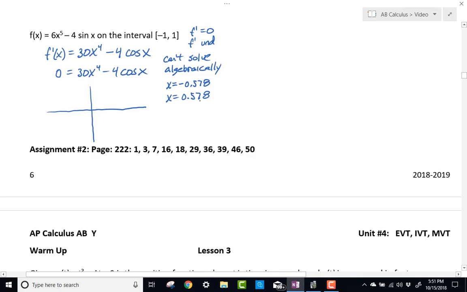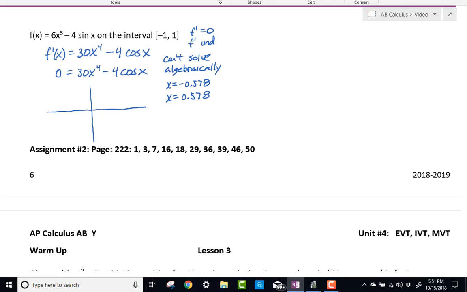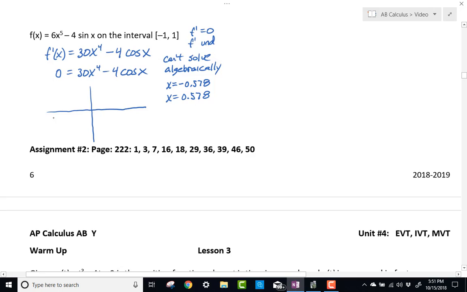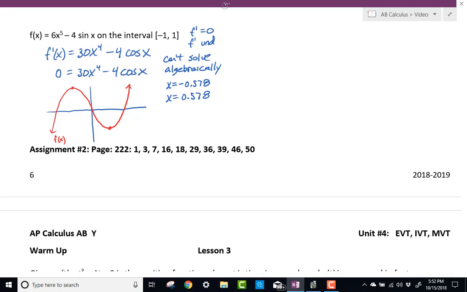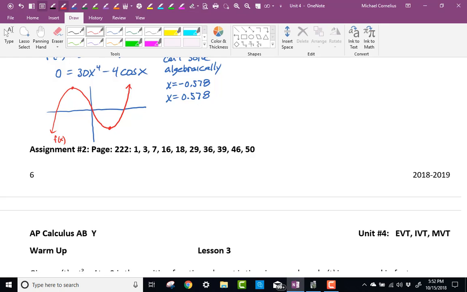Again, I hope it makes sense to you. I'm just going to do a quick little sketch here. If we were to actually sketch this function, we would have something that looks like this. There's f of x, with a max here and a min here. You can already see where some of these maxes and mins might be based on the sketch, but we're going to check the interval anyway just to make sure.